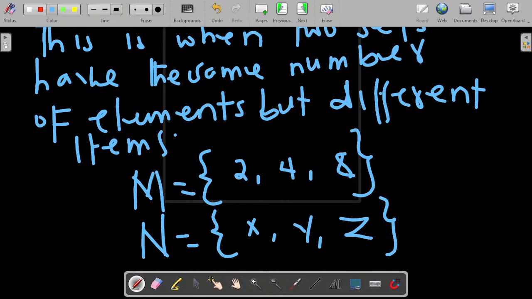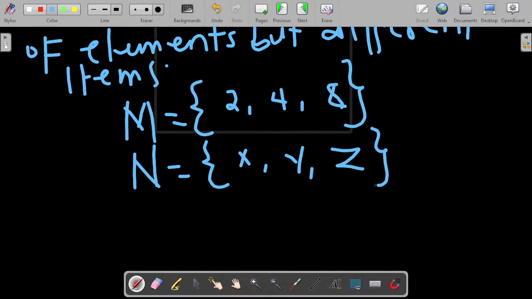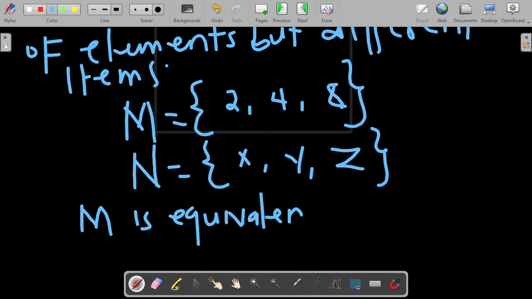But the number of elements is the same, right? So M is equivalent to N. Both of them are equivalent because they have the same number of elements but different items. That's what we call equivalent sets.